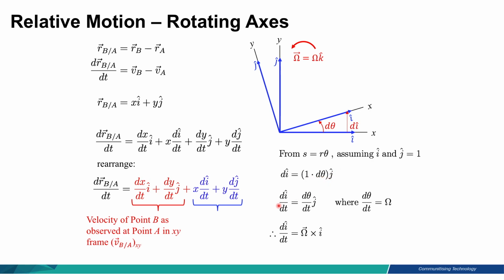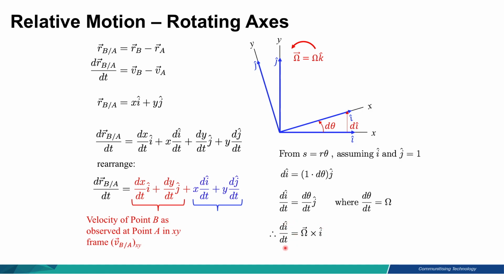So di over dt is basically equal to d theta j over dt, where d theta over dt is equal to the capital omega. d theta over dt is the angular velocity of the axis, and therefore di over dt is equal to capital omega cross i, because k cross i is positive j.